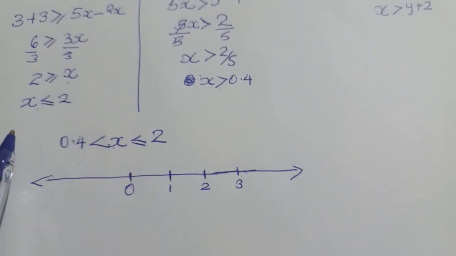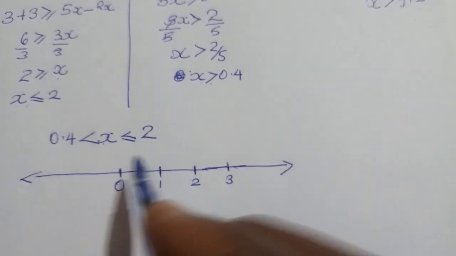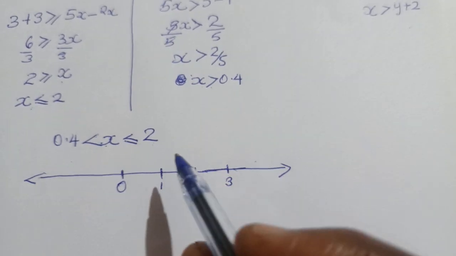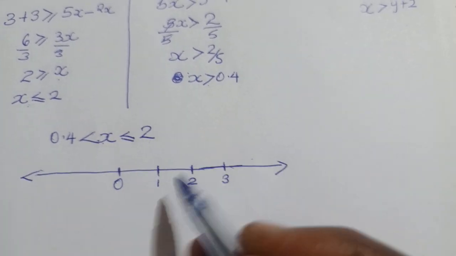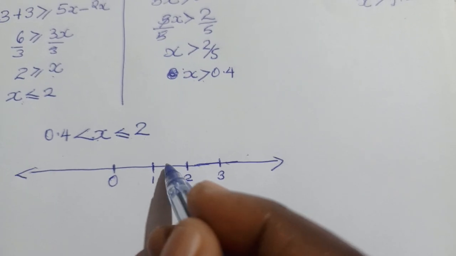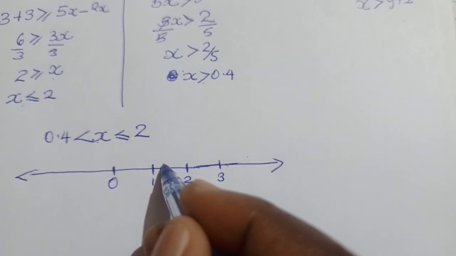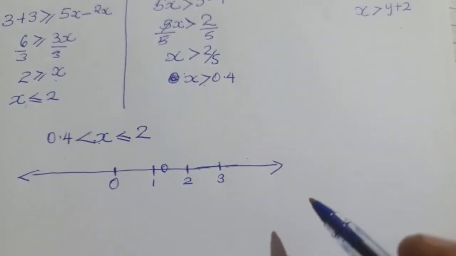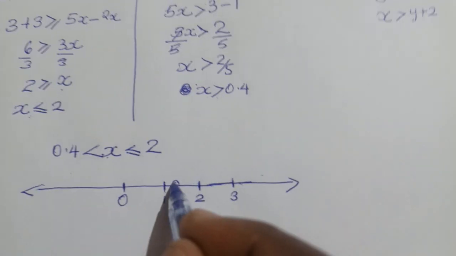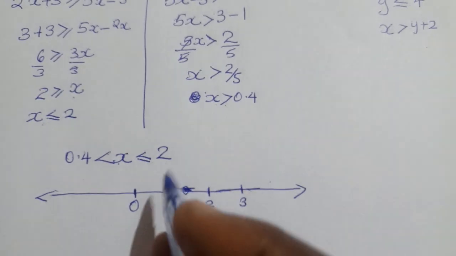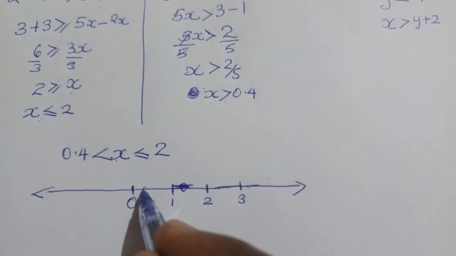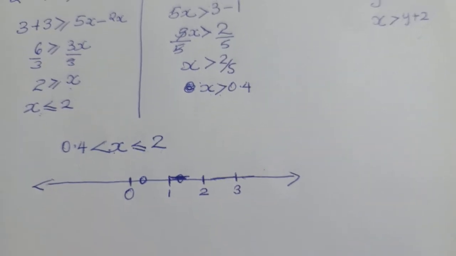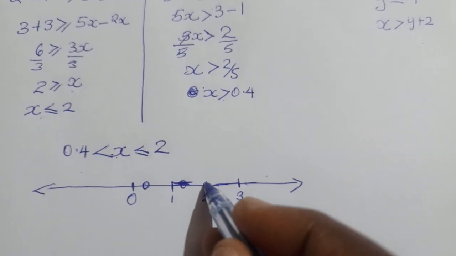Now, according to what we have here, if this number line represents the x-axis, where the x values are, 0.4 would be somewhere near 0. That is before 1. And then we have 2 here.